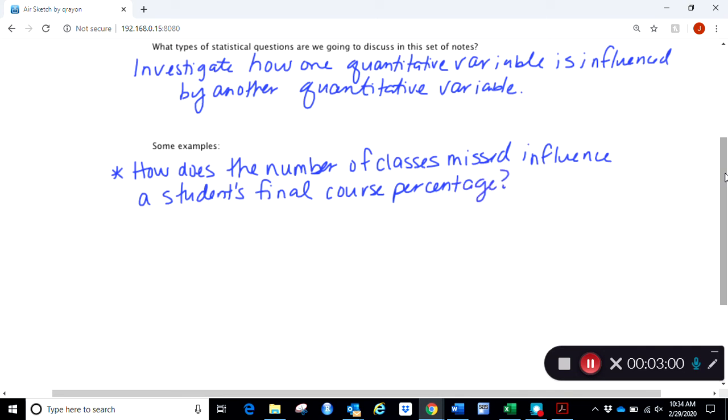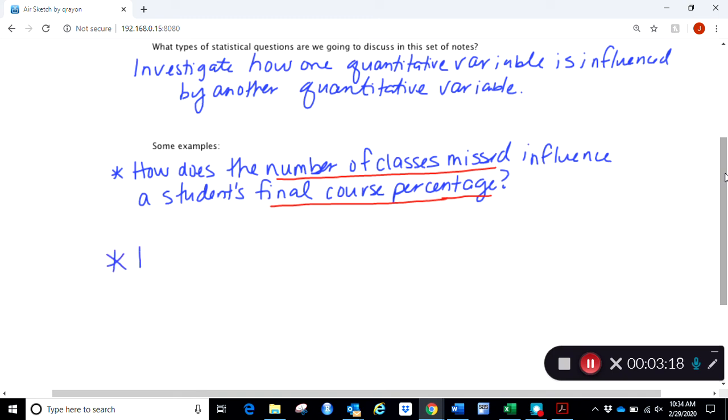So our two quantitative variables in this example are number of classes missed and your final course percentage. We're going to see how the one influences the other.